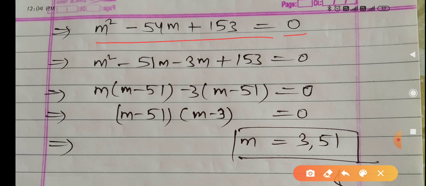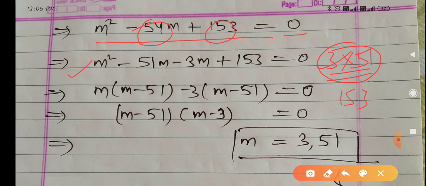What will come as the factors of 153? 3 into 51. 3 plus 51 is 54. The middle term is 54 by adding, because the product is positive. 153 is positive. So by adding you have to bring 54 and the product should be 153. So 3 into 51, product is 153 and their sum is 54.